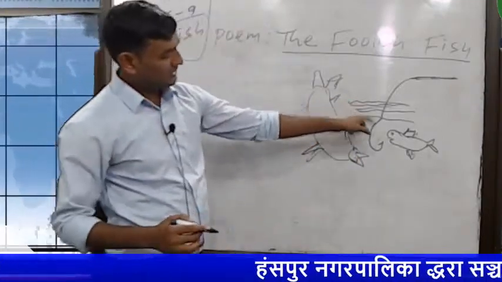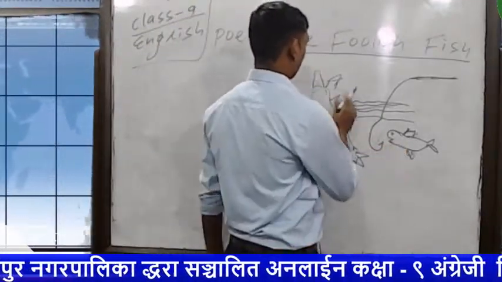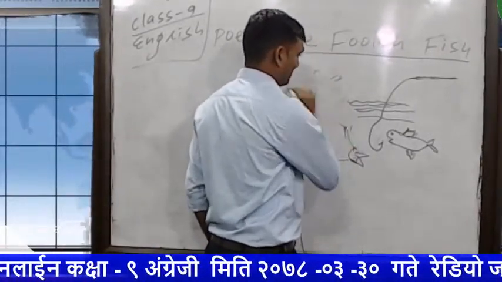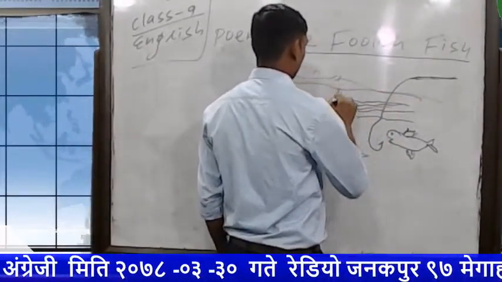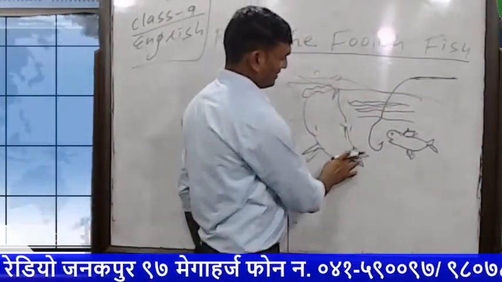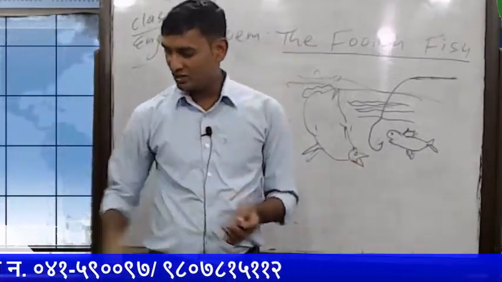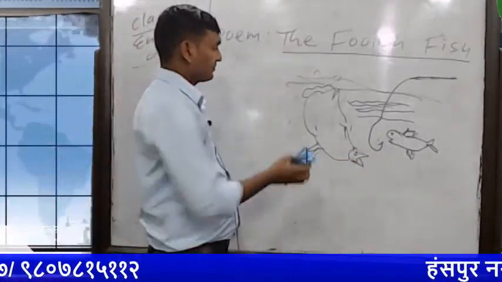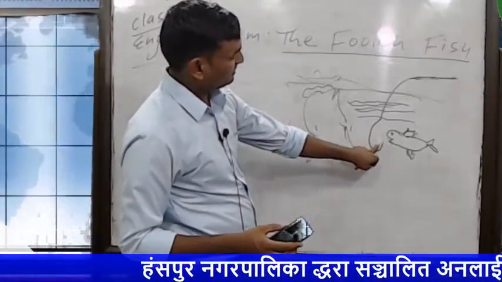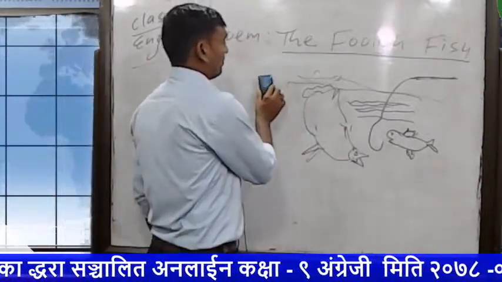For example, this one is the mother fish and another is the baby fish, and in the hook there is a worm.